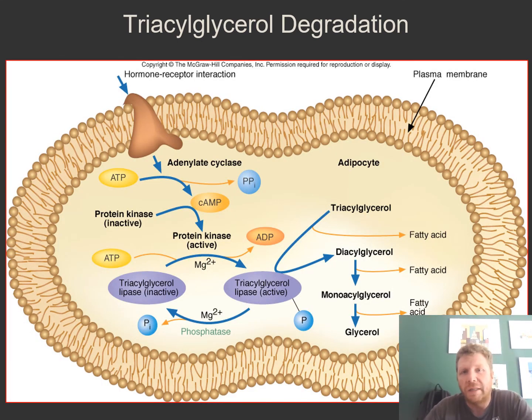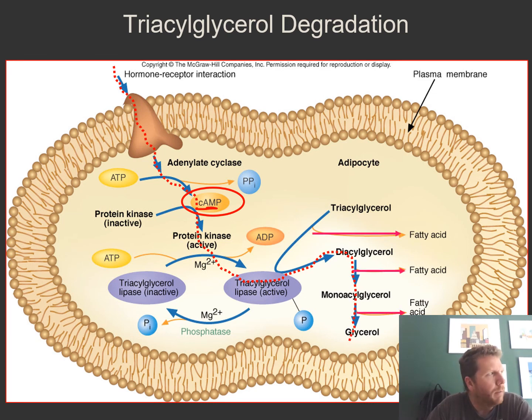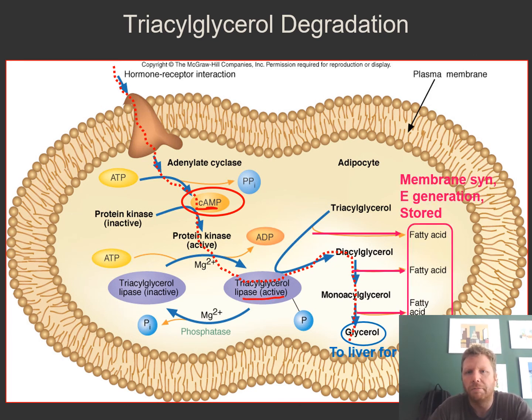So here's that signaling cascade where we have the activation of cyclic AMP, our secondary messenger, which is going to activate a protein kinase, which is going to activate triacylglycerol lipase. All right, we will continue on in the next video.